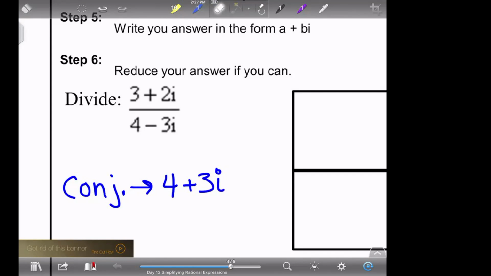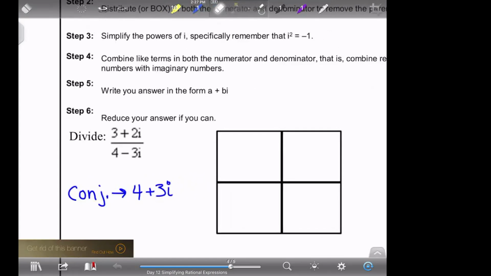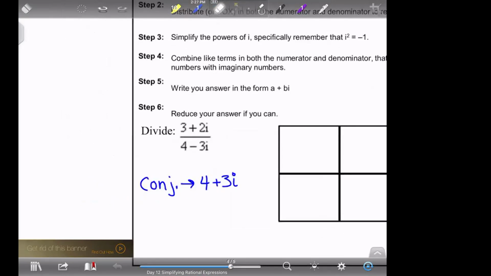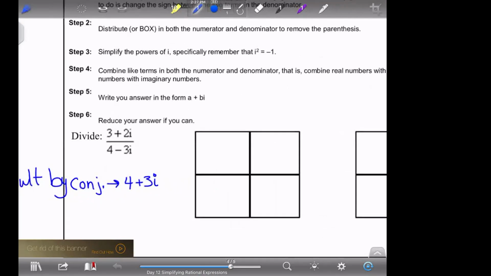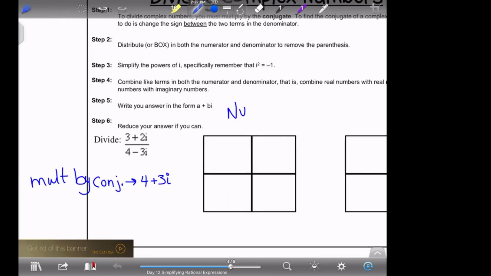And now I'm going to perform 2 multiplication problems. I'm going to multiply the numerator and the denominator by the conjugate. So that's why there's 2 boxes here. So I'm going to work on the numerator here, and this is going to be the denominator.